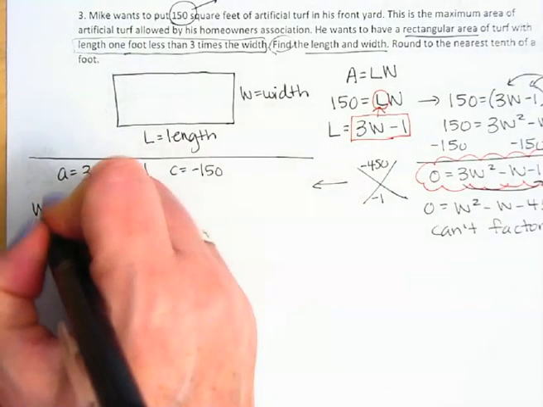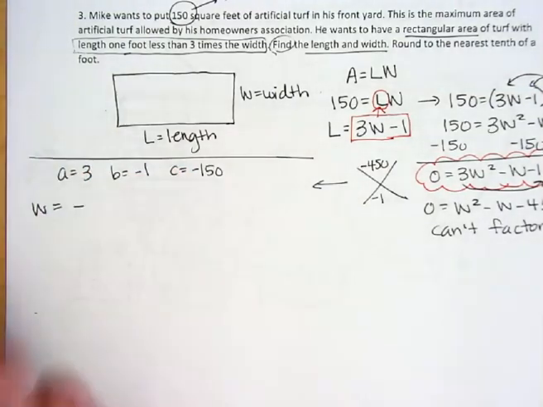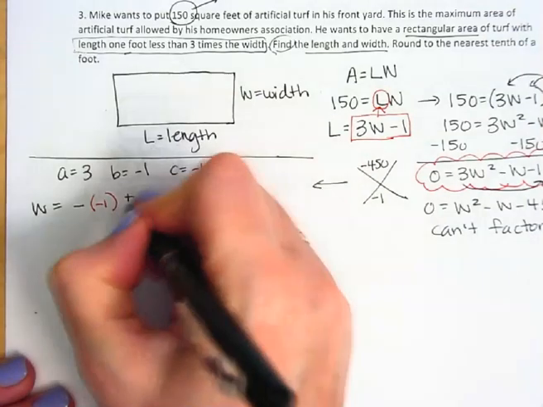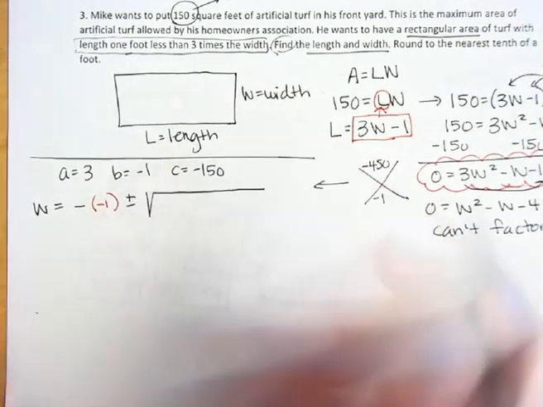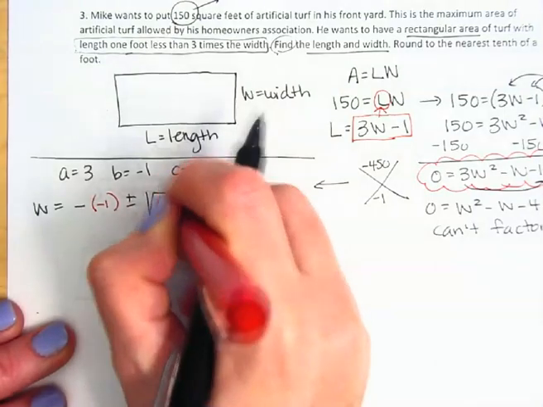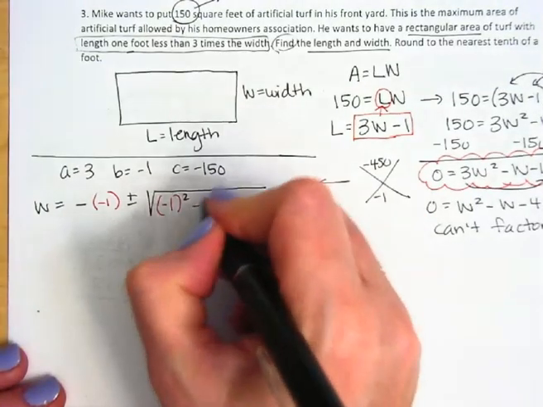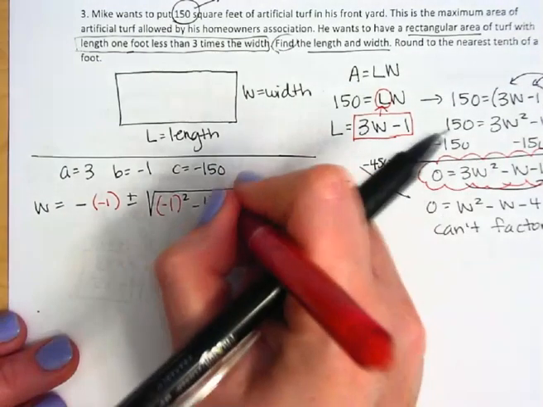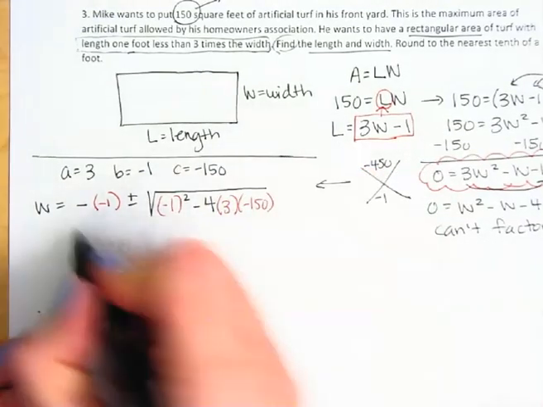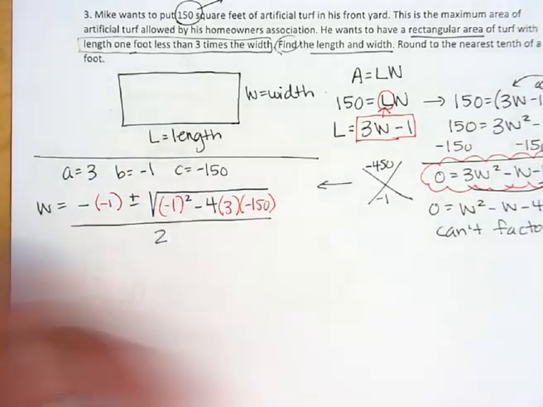So W equals negative B plus or minus the square root of B squared minus 4AC all over 2A.